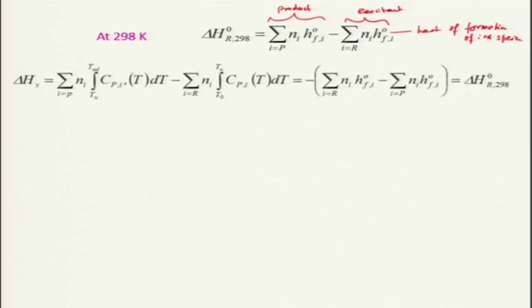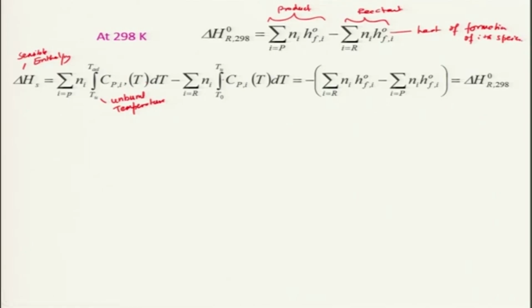And we can write the change in sensible enthalpy: for the product, it is Ni times the integral of Cpi dT from the unburnt temperature to T adiabatic, and Cp, as I told, is a function of temperature.